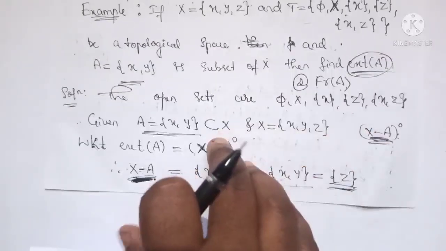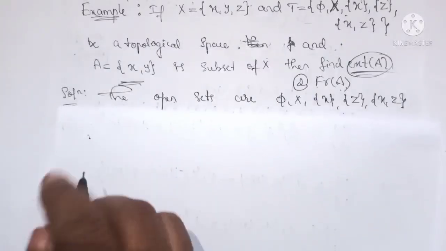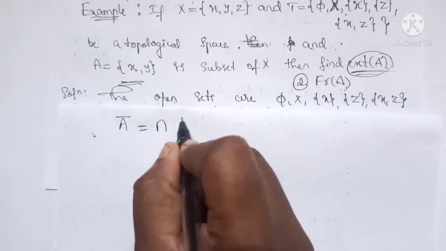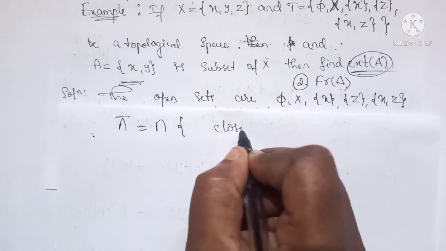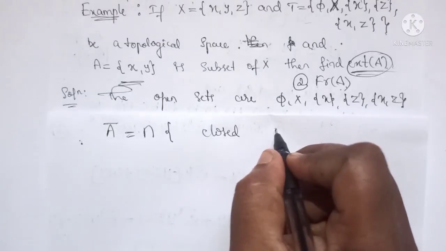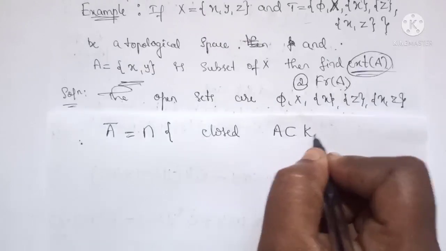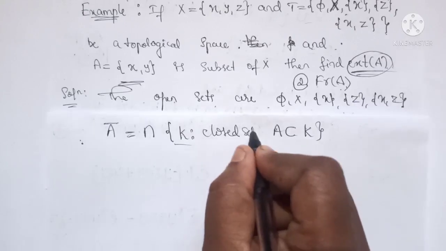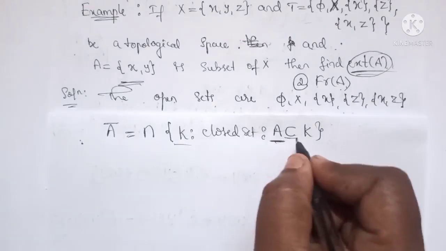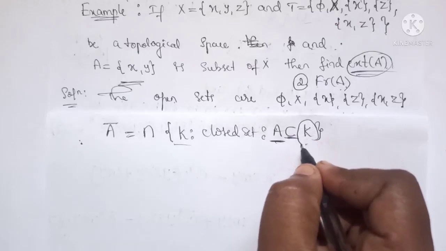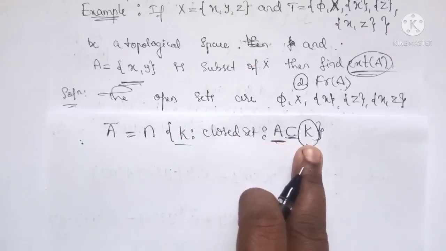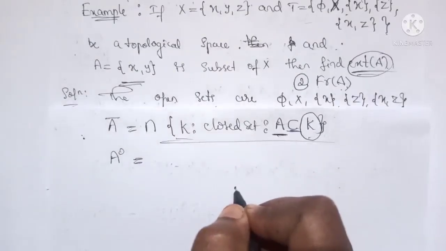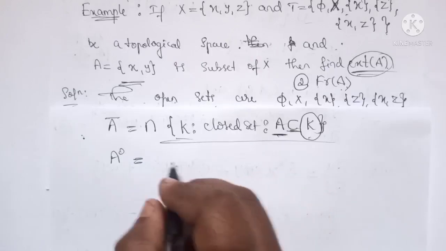Exterior is related to interior of a set, but frontier is related to the closure of a set. Okay, what is the difference between closure and interior? For closure we consider the intersection of closed sets which are supersets of A, that is, A is a subset of that closed set. It is the collection of all closed sets K such that A is a subset of K. But in the interior it is just the opposite: the method is almost the same, but here we take union.